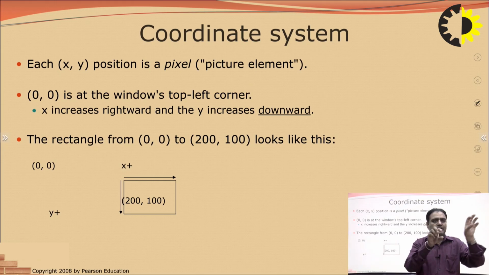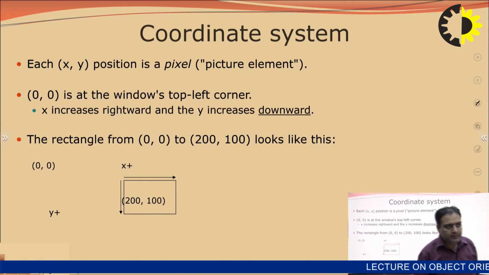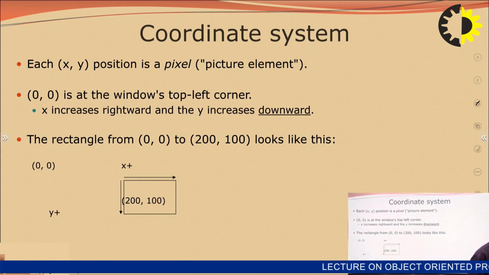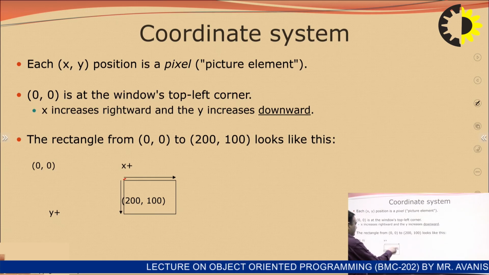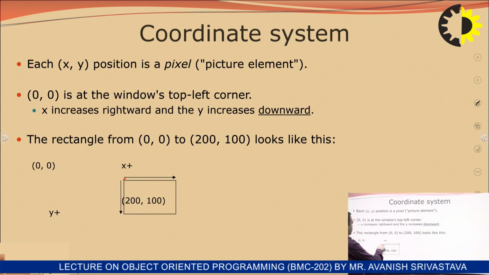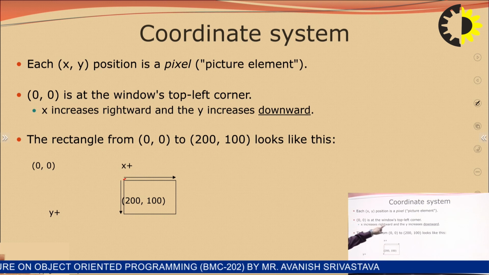If you are making a window, that is the top left corner. In this diagram you can say that 200 and 100 are both coordinates, and 0 is the top left corner.